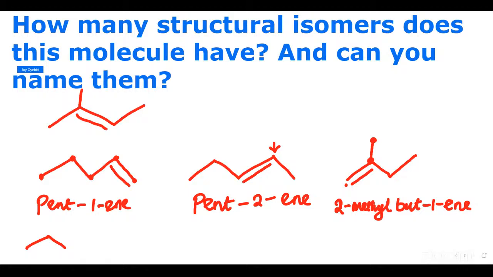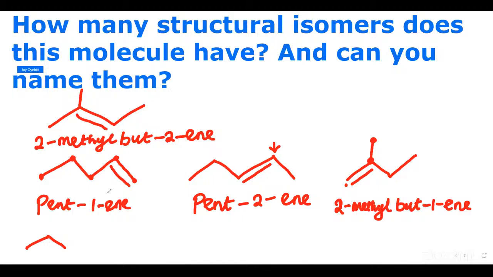The difference is that you're going to have 2-methyl, then BUT again, but this time it's going to be 2-ene, because now you started counting from whichever side you come from, 1, 2. The double bond is now on carbon 2. So that will be ENE. So 2-methyl but-2-ene.